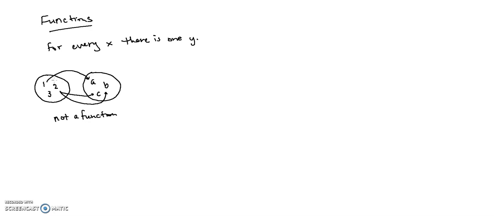Okay, we cannot have one x going to 2 y's. We have to know that for each x, there's only one y. There's only one answer. All right, so let's say we redo the test. Okay, I learned my lesson. I've got my test. I've got 1, 2, 3, A, B, C, and 1 goes to A, and we're all happy, and 2 goes to C, and we're all happy. And then I say, okay, what does 3 go to?